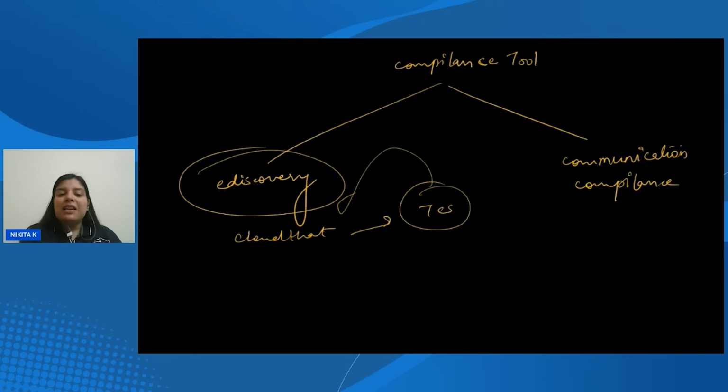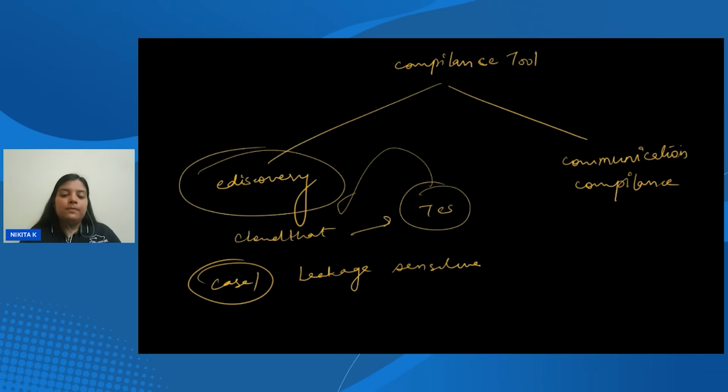Similarly, in e-discovery also, we will create one case, let's say leakage of sensitive data. After creating the case, we will give the data sources you want to look at: the SharePoint sites, Teams, Outlook, wherever you want to search for this particular leakage.